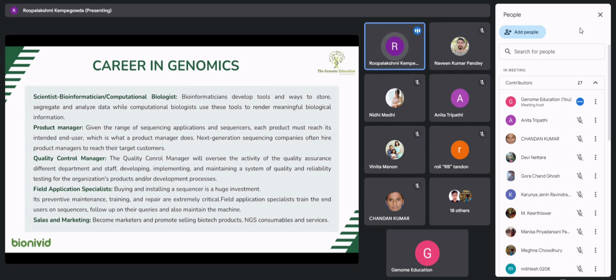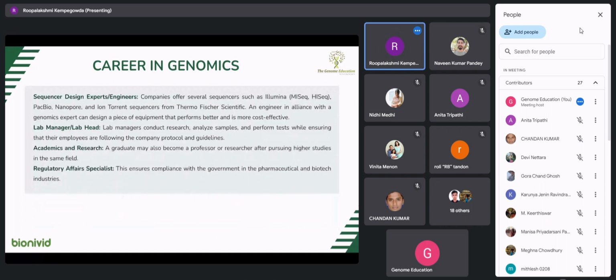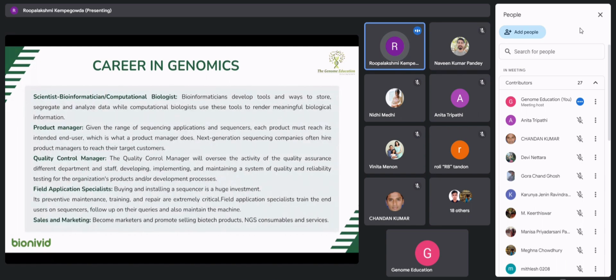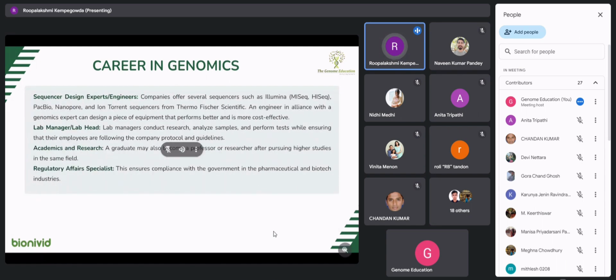There's a lot of weightage because you talk from a biology background. Then sequencer, design experiments and engineer. Here also, as I told you, it's another designation, like sales, marketing or field application scientist.